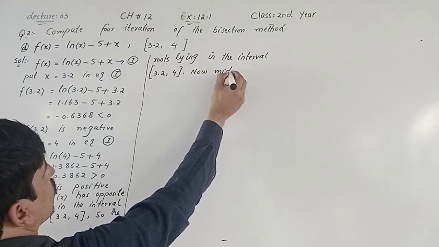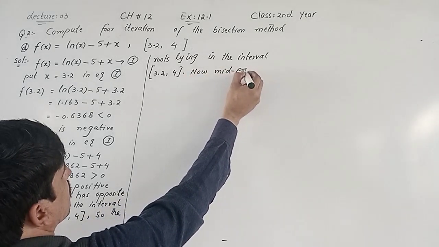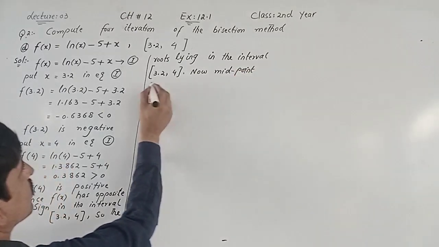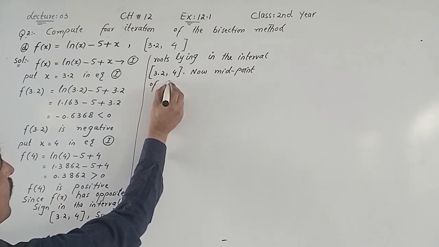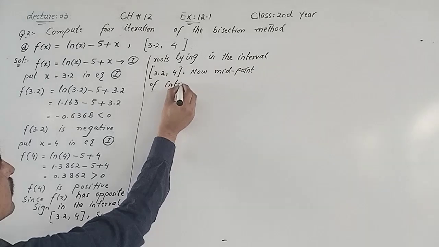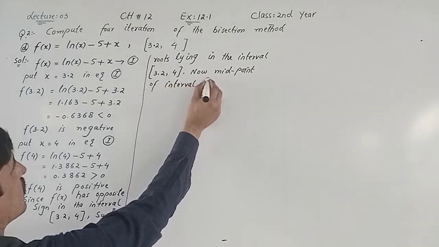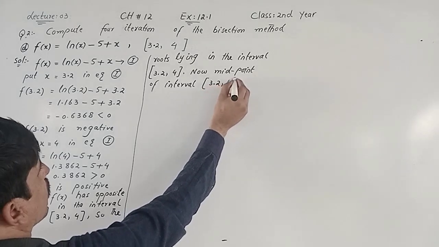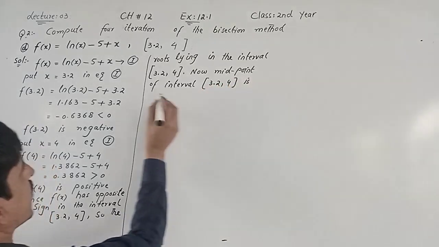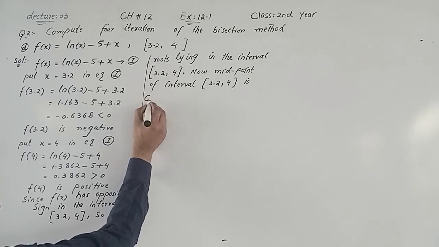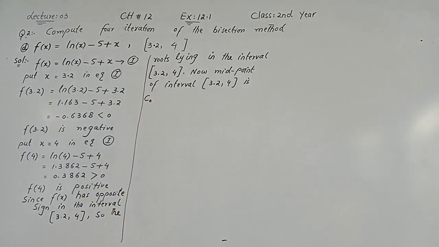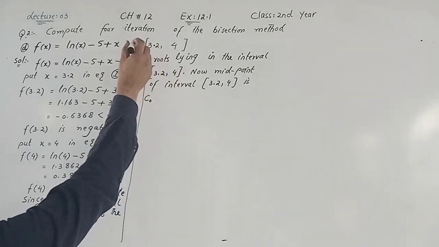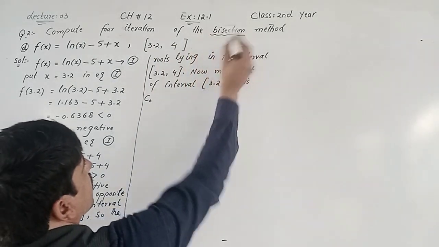Now midpoint of the interval 3.2 to 4 is, say this is C naught. हमने यहाँ पे मिड पॉइंट इसलिए फाइंड करना है क्योंकि हमारे पास है बाइसेक्शन मेथड.